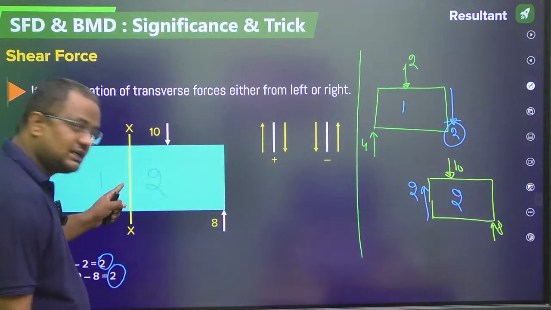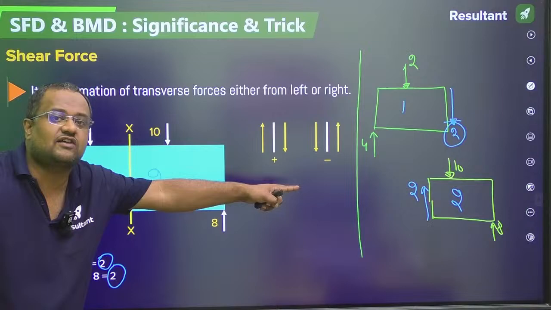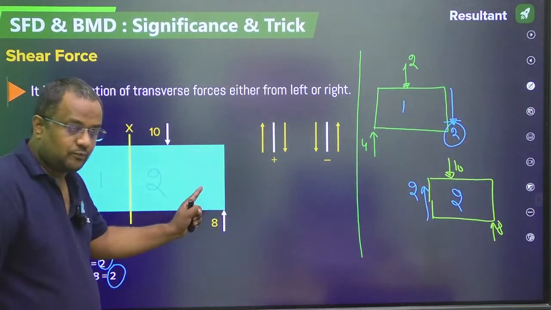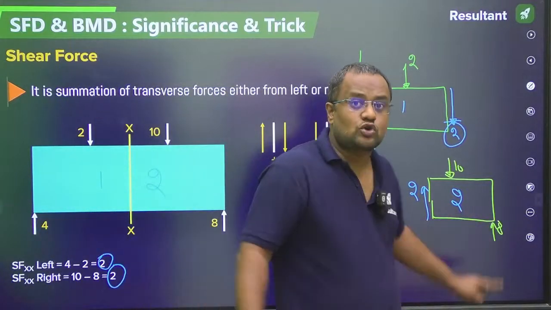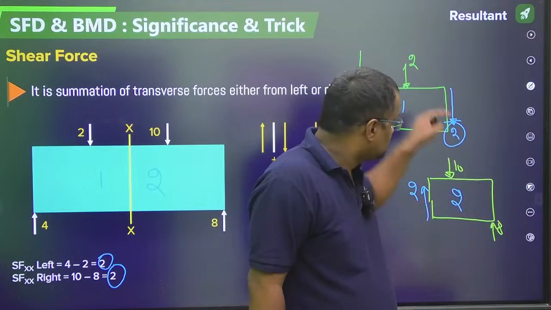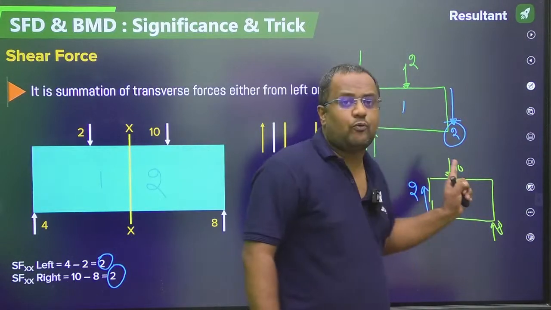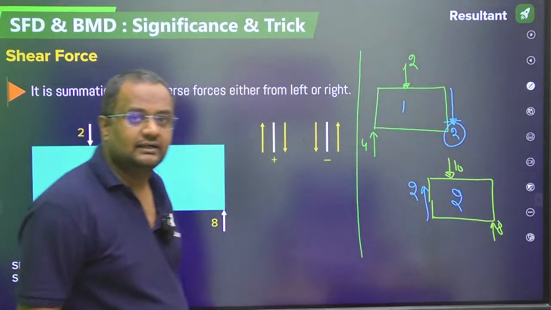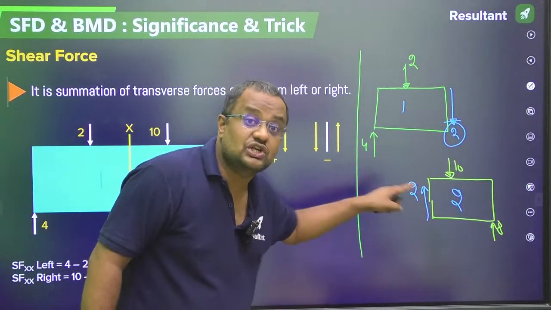Actually here there is no force acting. These are the internal forces which we get after cutting the section. Since the whole beam is in force equilibrium, therefore the small part is also in force equilibrium. So 10 downward, 8 upward, so 2 upward should be coming for balancing it. That is the shear force, guys, tangential to that section.